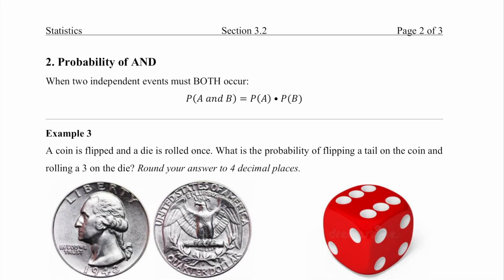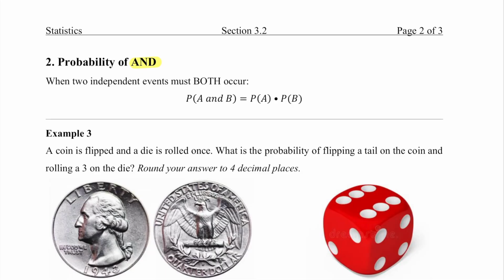Now that we understand independence, we're ready to learn how independence helps us calculate probabilities involving the word "and." Let's think about what the word "and" means. Suppose I ask, what is the probability of getting a tail and rolling a 3?